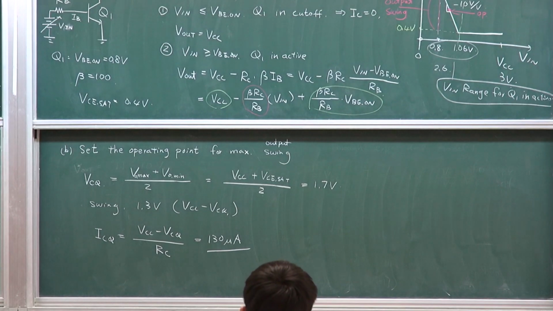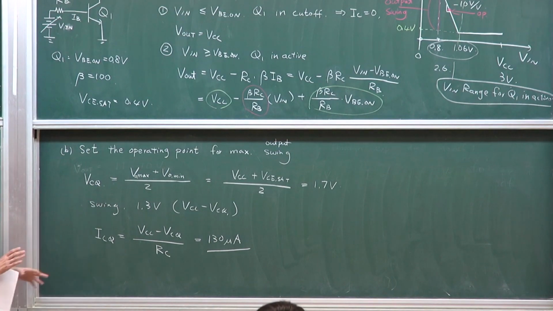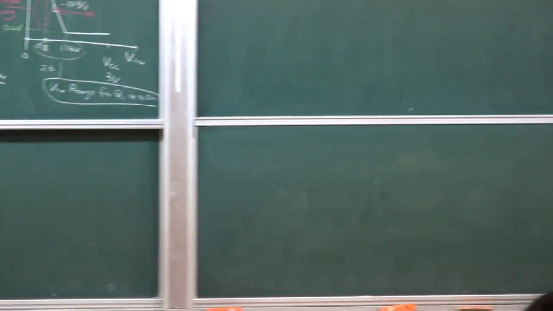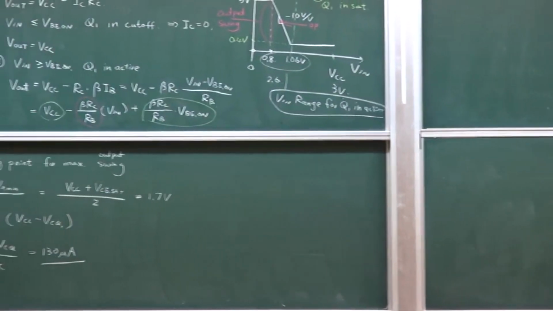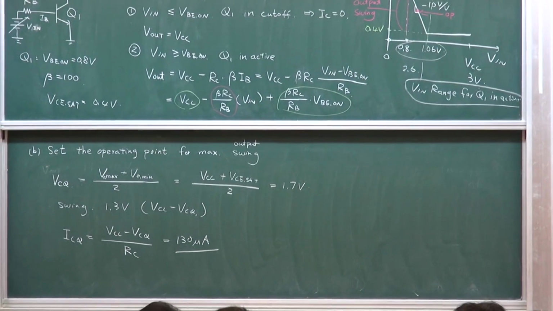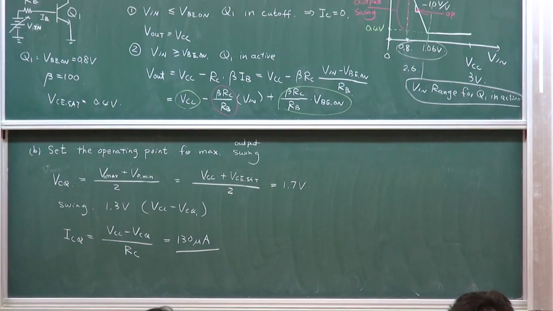So this is how you actually survey the whole stage and then determine what is important to you. As I said, if your signal is very, very small, you're not expecting to swing too much, you can still work at the edge. If my signal is microvolt, I could simply bias a little bit higher, then my output signal can still be amplified and get the maximum gain without distortion.